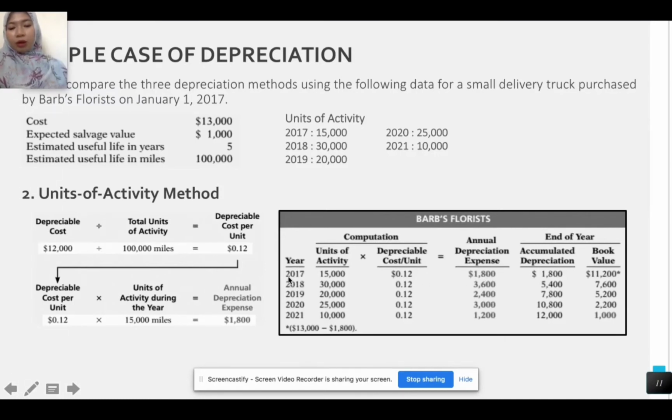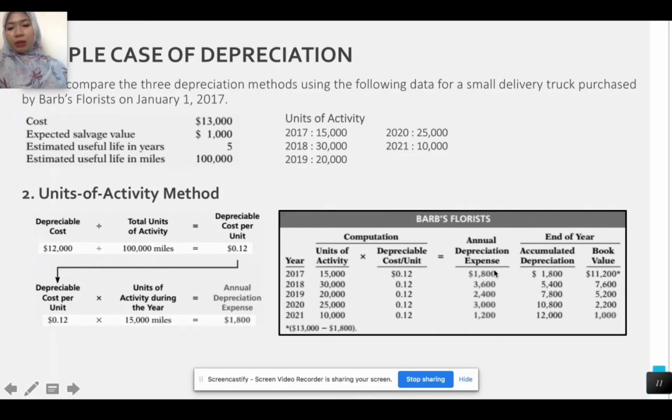For the first year, the unit of activity of 2017 is multiplied by depreciable cost per unit. So 15,000 miles multiplied by $0.12.